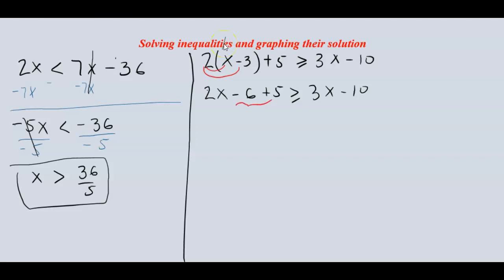So I'm going to have 2x minus 1 greater than or equal to 3x minus 10. Now, we're going to subtract 3x on both sides of the inequality so I can move everything to the left.